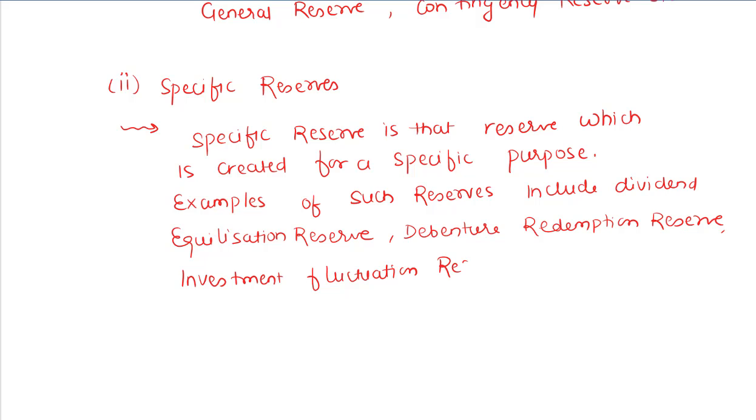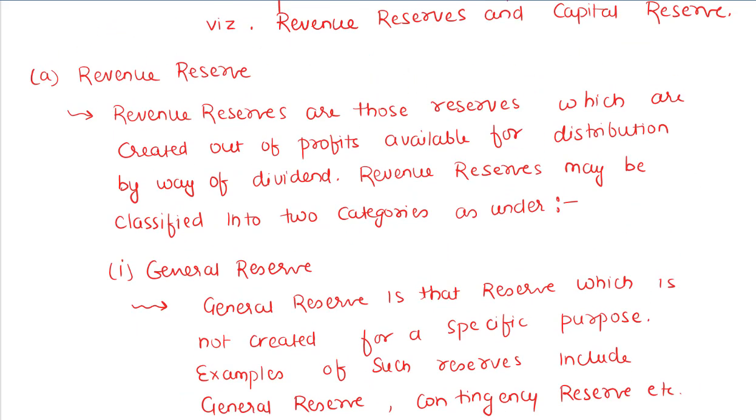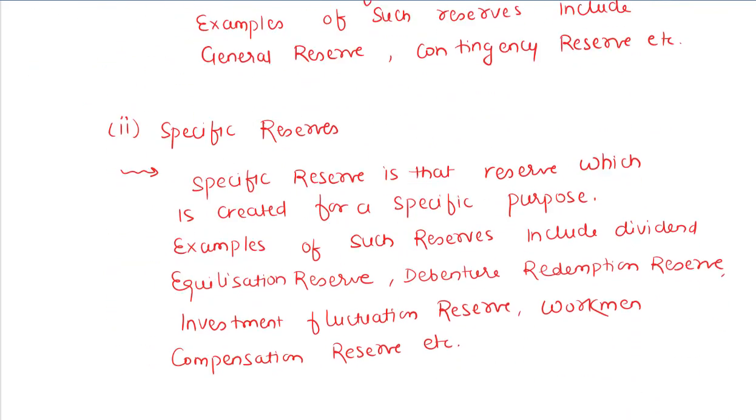Investment fluctuation reserve, workmen compensation reserve, etc. These are specific reserves and could be used for specific purposes. Revenue reserves are basically created from the revenue profits.